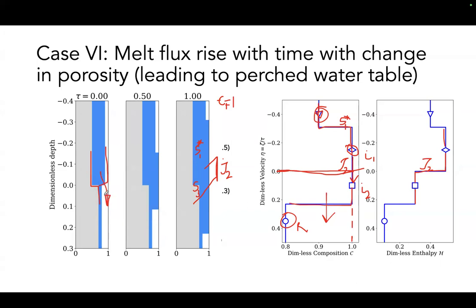So this wetting front that reaches this interface, that excessive melt is not taken up by the lower layer. And instead, the Firn bifurcates into two parts. It leads to a rising perched aquifer, and that goes up.